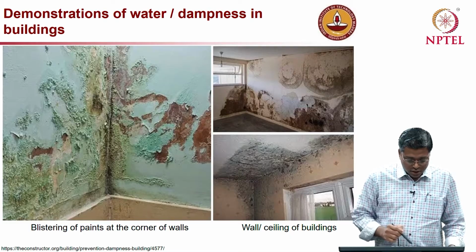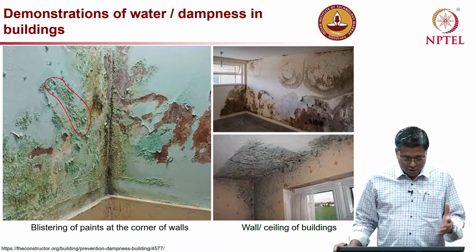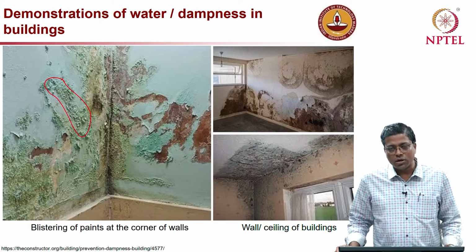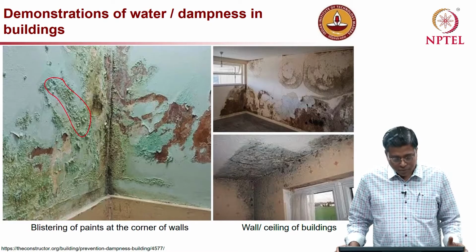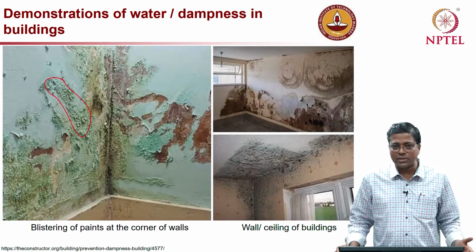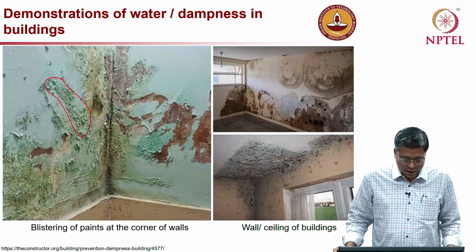You can see here in the picture on the left, the paint is completely getting damaged. It is because of moisture inside the wall, and that moisture might be coming from either a concealed pipe or from the floor because of capillary action.